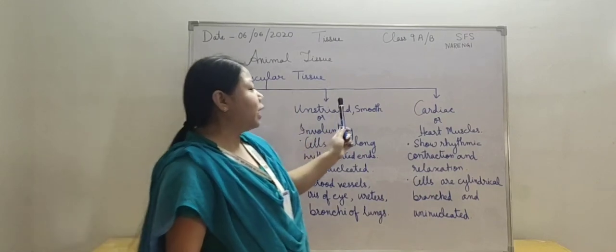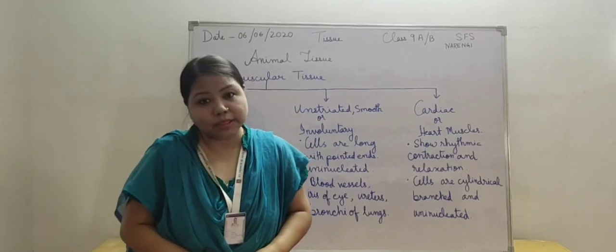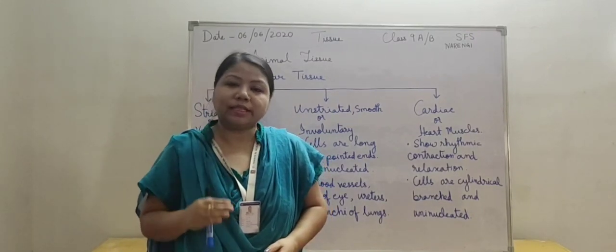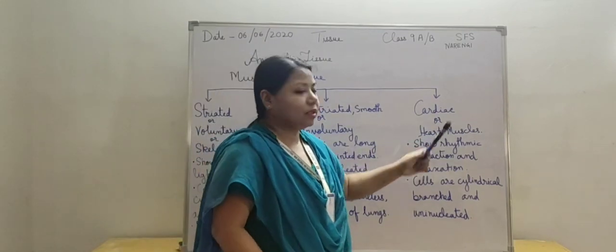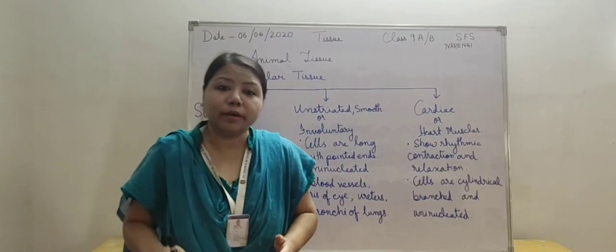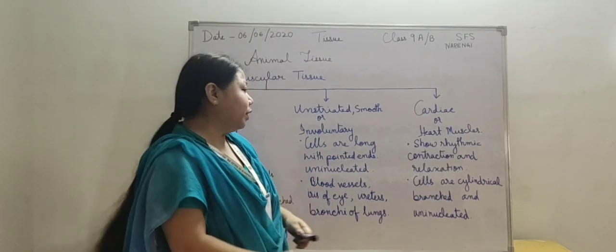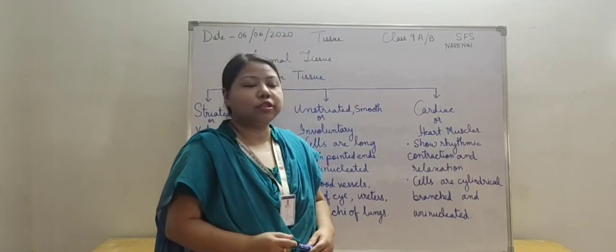Okay. The third type of muscle is cardiac muscles. It is also called heart muscles because this type of muscle is only present in the heart. It shows rhythmic contraction and relaxation throughout life.